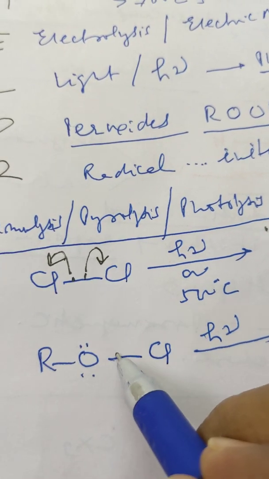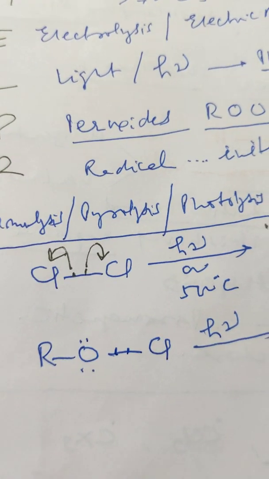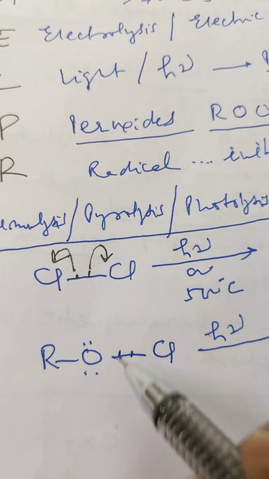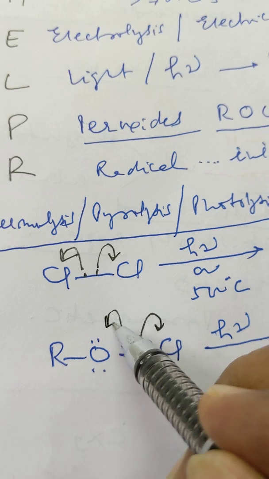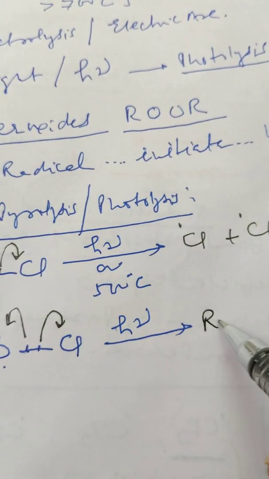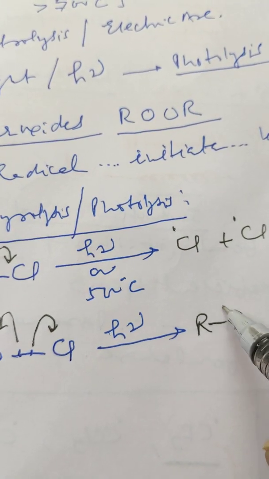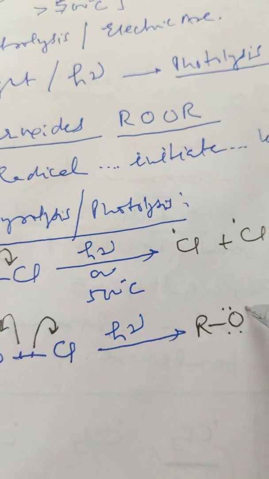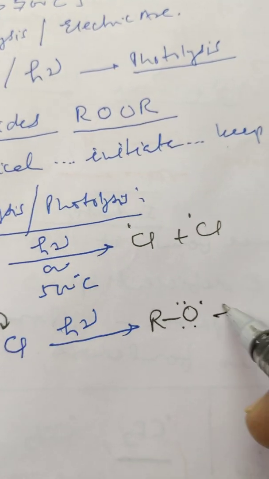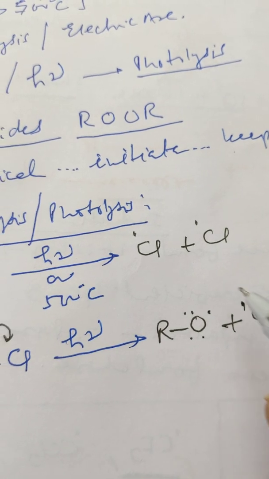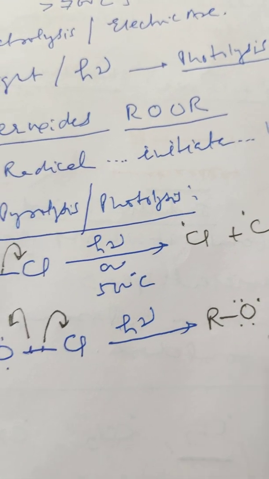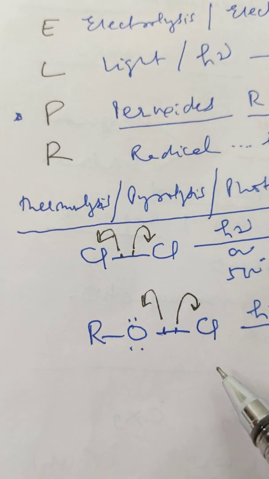If it is given light, again this bond will undergo homolytic fission, and as a result of homolytic fission, this kind of species are formed. One species will be this R C O O. Now this is odd electron species, and another odd electron species will be a chlorine free radical. This is again formed by this.